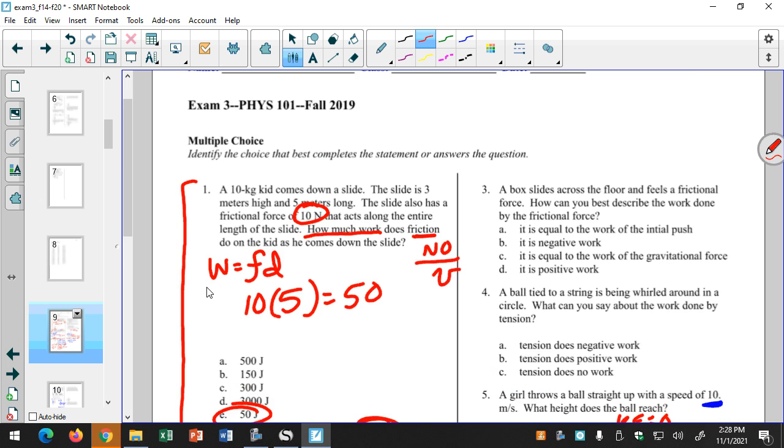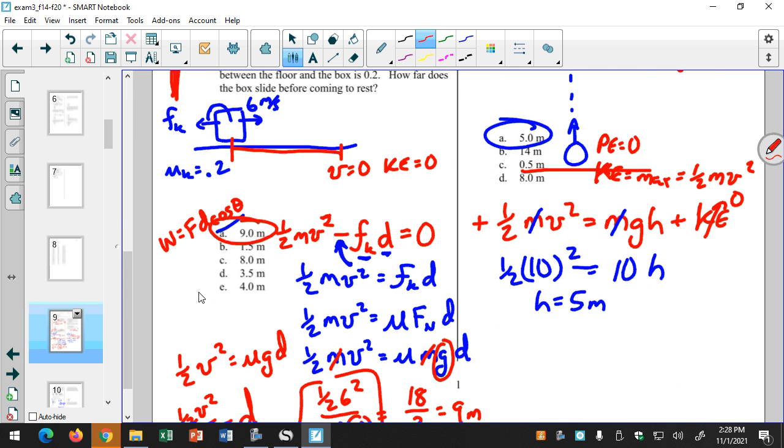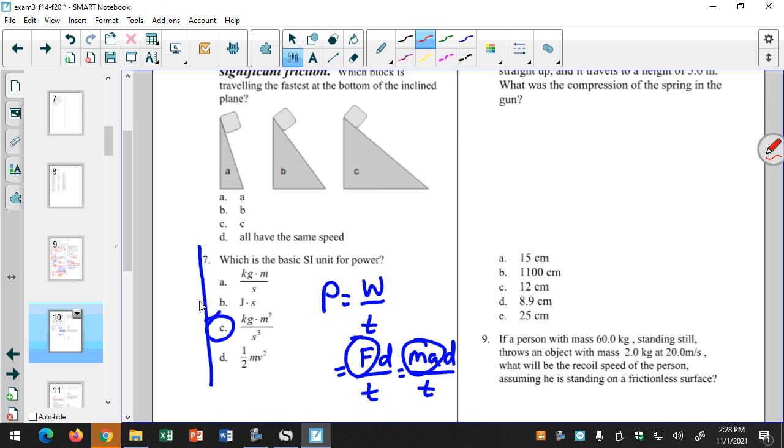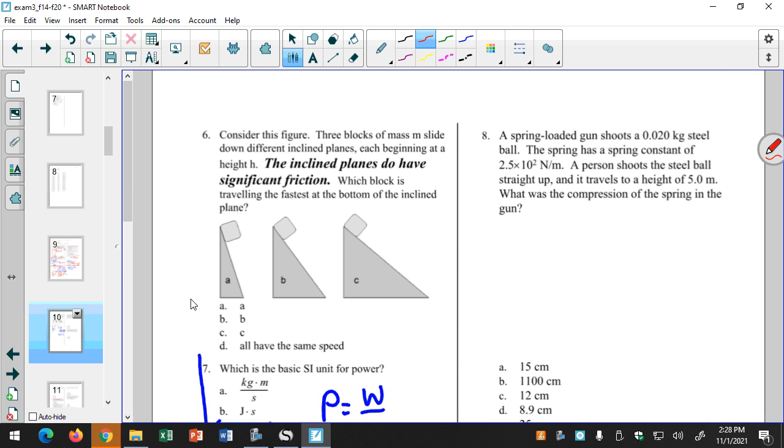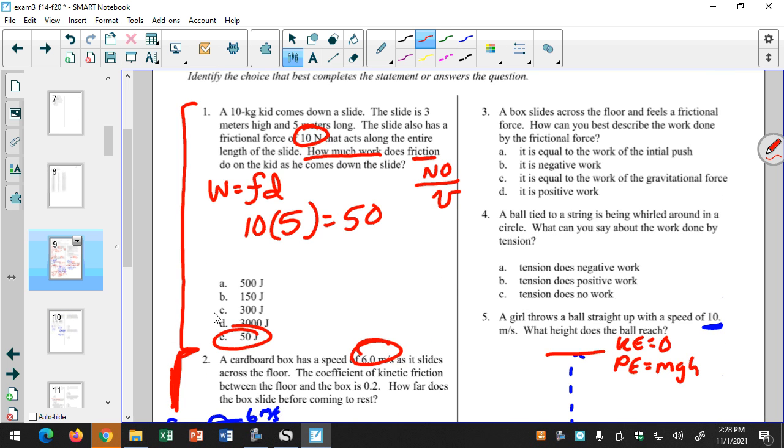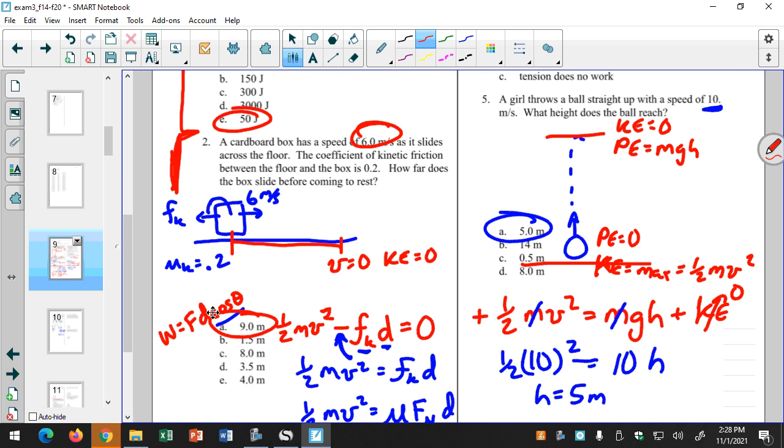Oh yeah, this is 2019. We've done most of these. Number 5 is talking about change in height and change in velocity. So it's talking about height and velocity, or speed. So I know that this is a conservation of energy problem: kinetic energy plus potential energy equals kinetic energy plus potential energy.